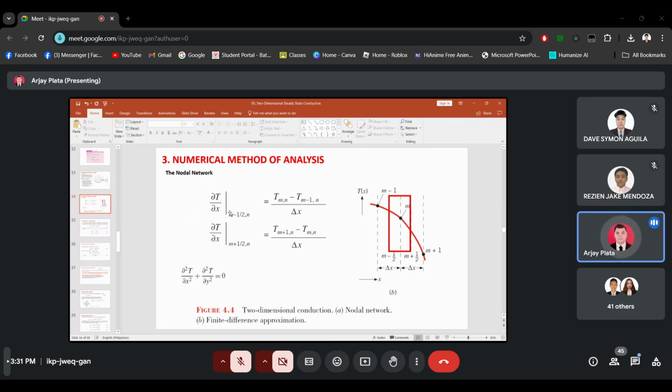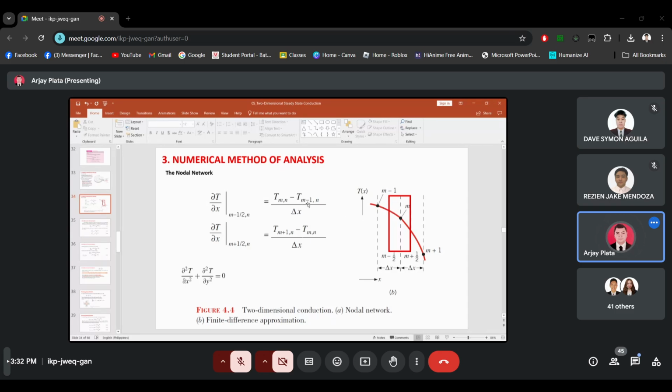Given the boundary condition of m, based on this figure, we have boundary conditions of m minus 1 over 2 and m plus 1 over 2. Let's go first with m minus 1 over 2, n. The delta T here, because we are referring to delta T over delta x, is Tmn minus Tm minus 1n.